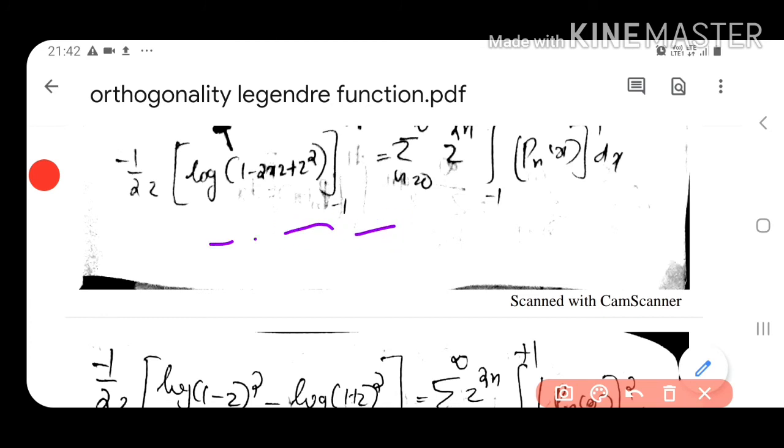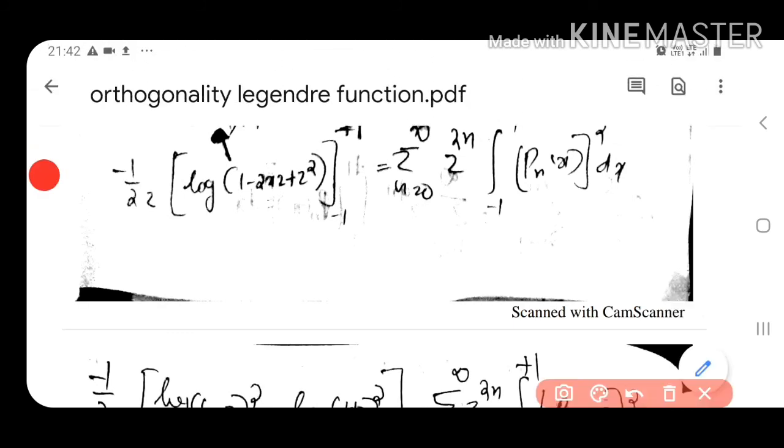Now here we apply the limits. Lower limit minus 1, upper limit plus 1. You have to remember that you are applying this plus 1 or minus 1 to x, not to z.